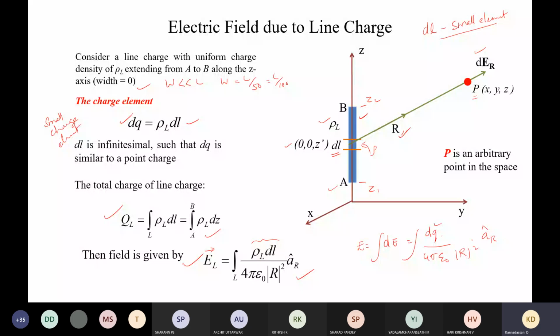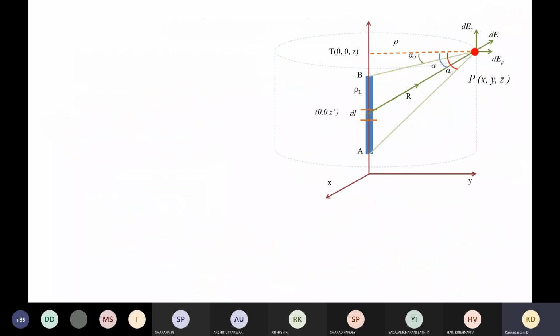Now what we are going to do is calculate for a very generalized purpose. Generalized means this point P can be at any location just around the wire.